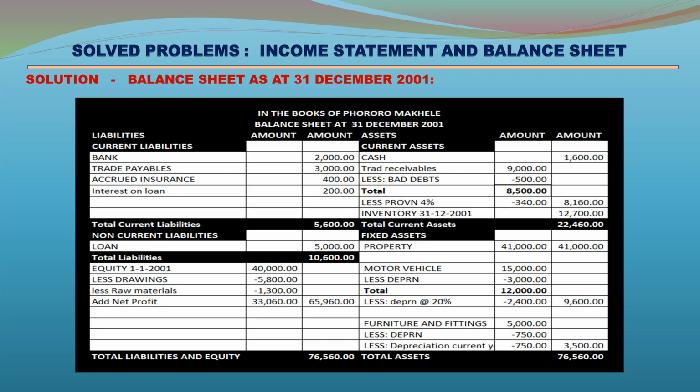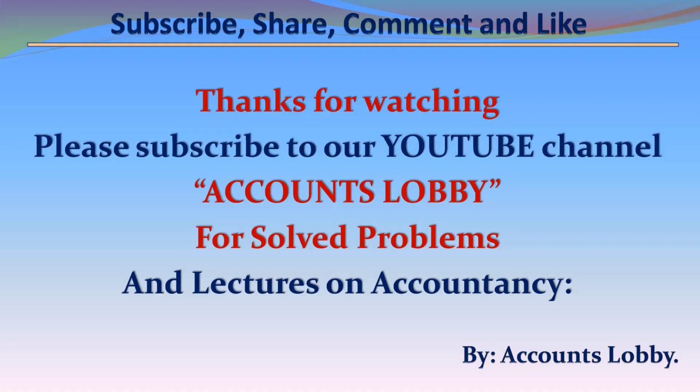On the liability side, non-current liabilities, loan 5,000, total liabilities 5,000 plus 5,600, 10,600, equity 1/1/2001 40,000, less drawings 5,800, less raw materials drawn 1,300, add net profit 33,060, total equity 65,960, total liabilities and equity 76,560, total assets 76,560.